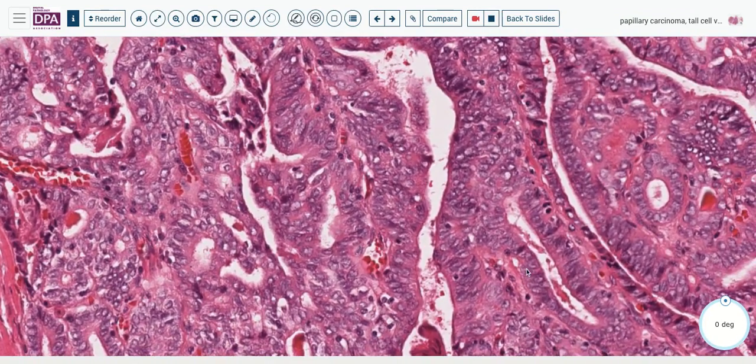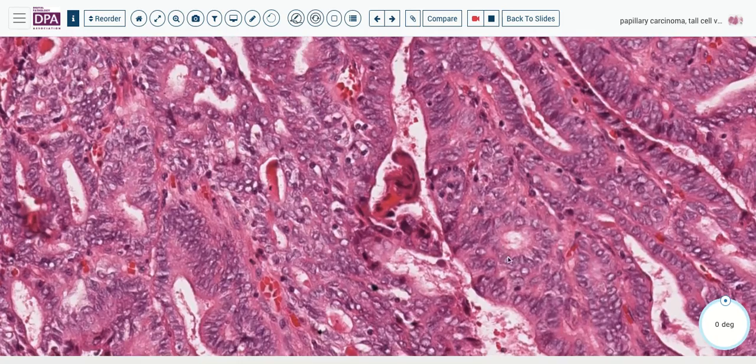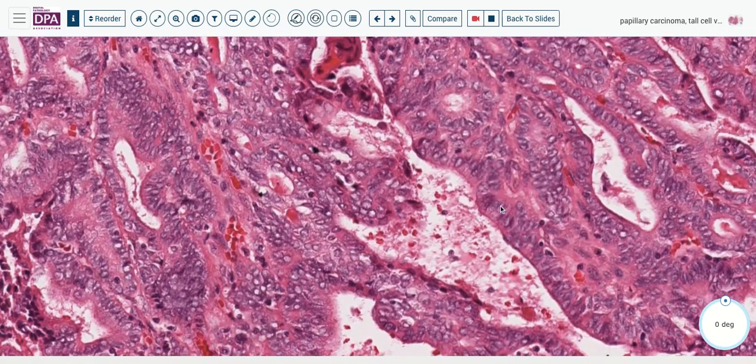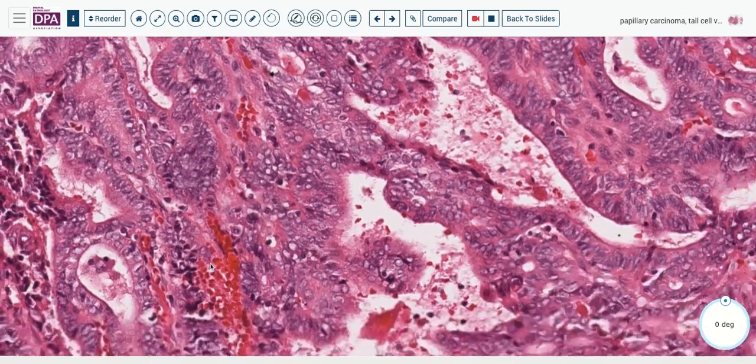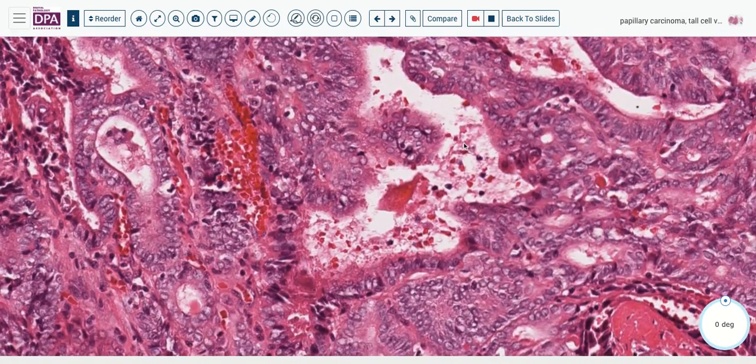And we get the sense that these are really quite tall cells relative to their width. They're somewhat crowded, and so the individual cells tend to get squeezed a bit. And that may be actually what this morphology is manifesting to us, is just a lesser degree of growth inhibition from neighboring cells. But I think you can see again the tall nature of the cells relative to their width.